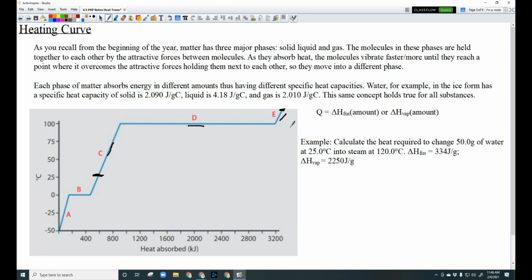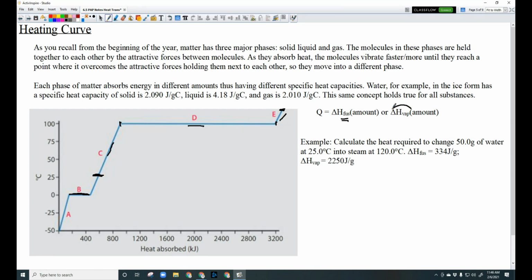So what does that tell us? It tells us that we're going to have 3 different calculations. One uses delta H, the heat of fusion, times the amount of water that we have. Fusion happens down here, at the freezing point. Up here is the heat of vaporization, when it's going from liquid to gas.